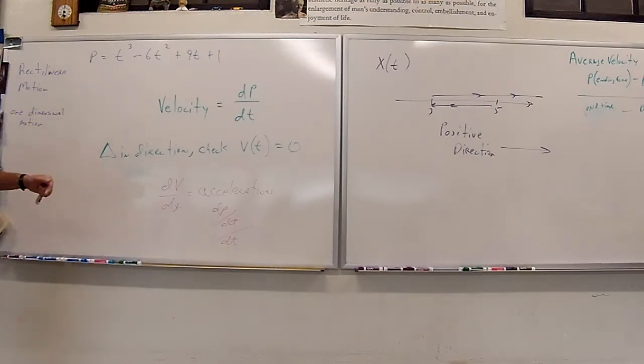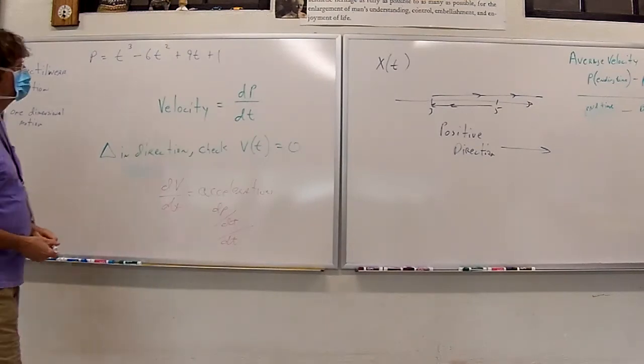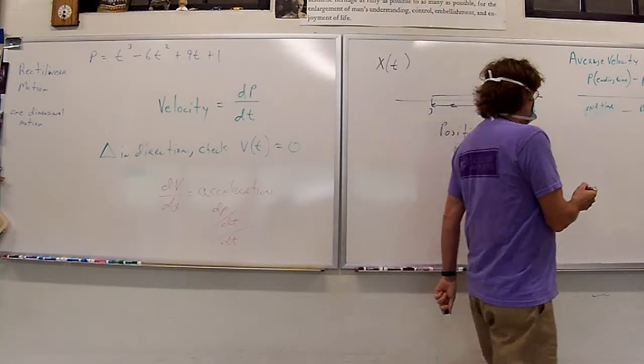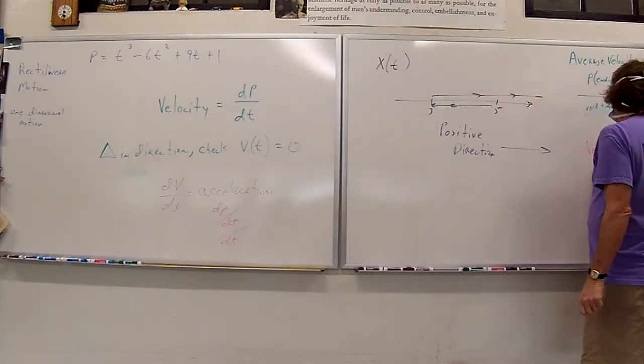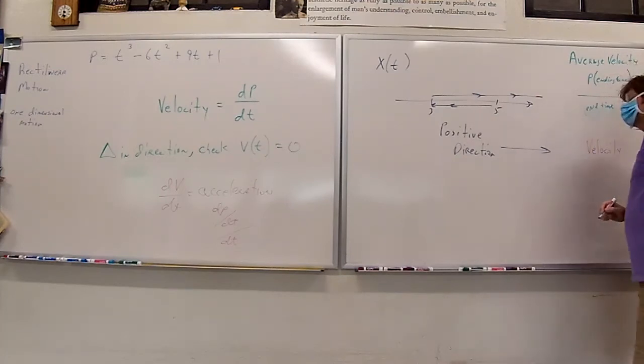We're going to talk all about that as we go along, but I'm trying to give you some ideas of what the terms mean. Notice I have totally avoided the word speed. Velocity and speed are not the same thing.